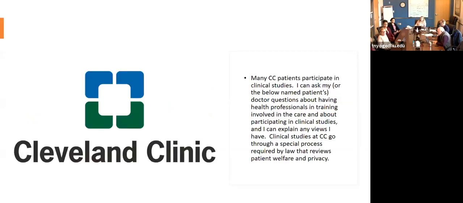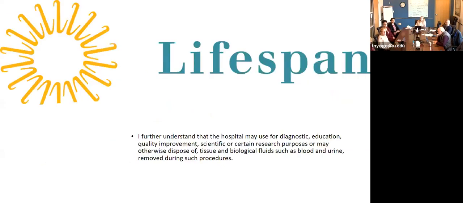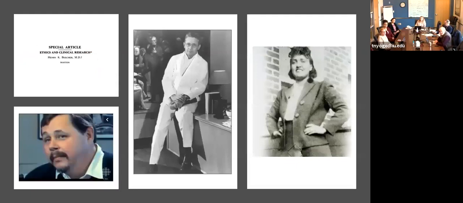Cleveland Clinic, consent to be contacted in the future for research. And then this is Brown University's Medical Center, that things might be removed and there might be quality improvement and scientific research done as part of the treatment there. So I don't mean to just pick on our institution. This is really pervasive. So where did it come from?